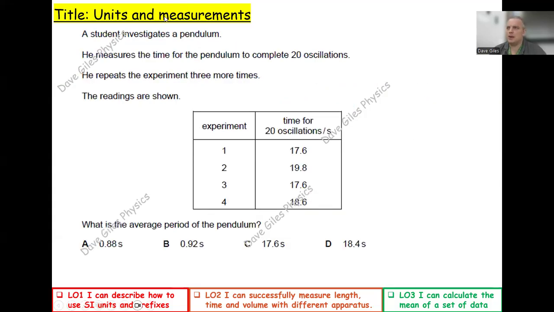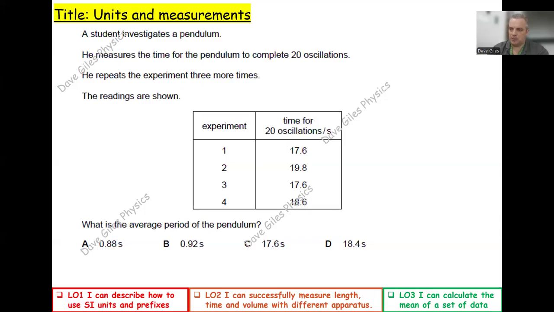And the last one: the student investigates a pendulum. He measures the time for the pendulum to complete 20 oscillations, and repeats the experiment 3 more times. The readings are shown. What is the average period of the pendulum? So I'm just going to add up the times for 20 oscillations: 17.6 plus 19.8 plus 17.6 plus 18.6.